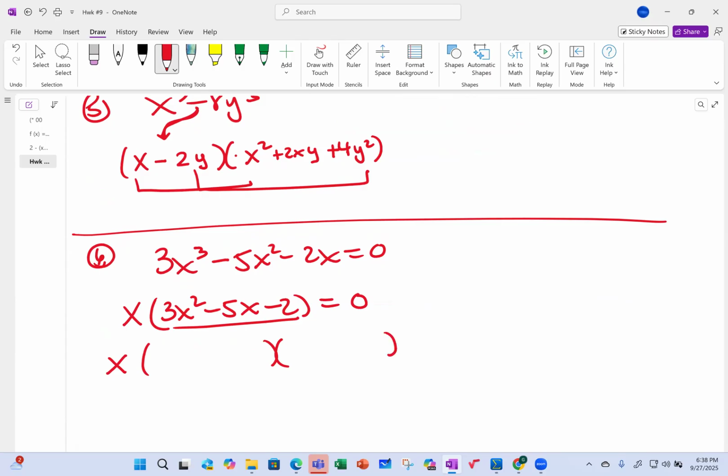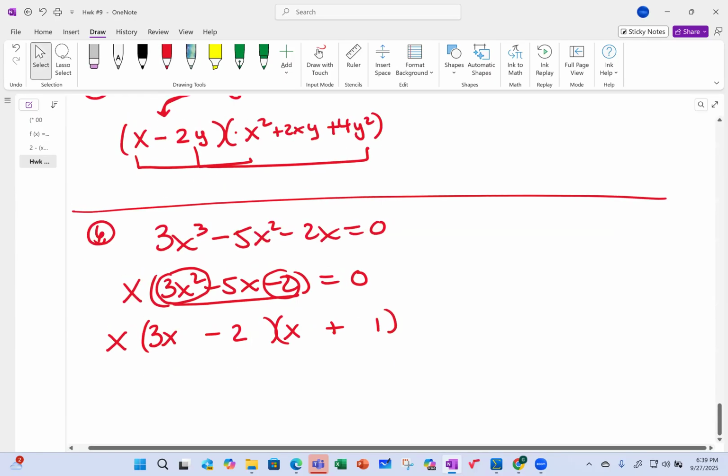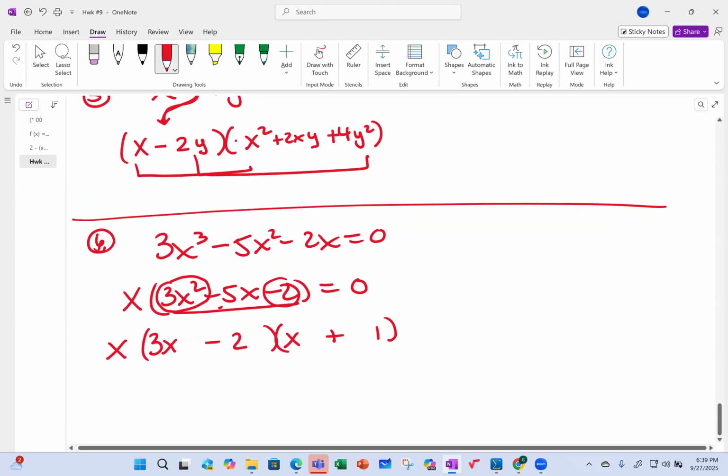Maybe I'm going to try just straight reverse FOIL. The way I get a 3x squared is a 3x and an x. The way I get a -2 on the end is to have opposite signs, and those are the factors of 2 and 1. But I have to check that I have the right combination. I need a -5x in the middle.